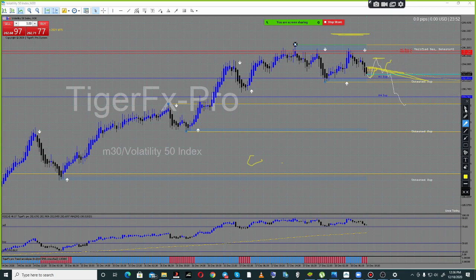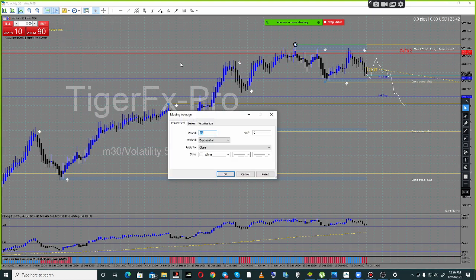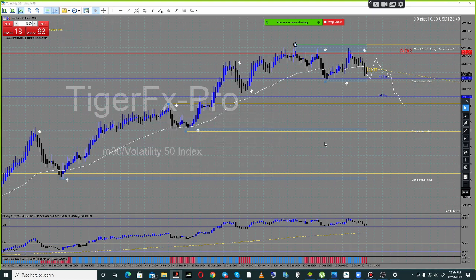For example, I'm going to add the 50 EMA to show you something that can help you place your stop loss. Right now you see it aligns with the current trend. If the bar closes here and the next one opens here, you put your stop loss above it, and then the market will continue to go down.